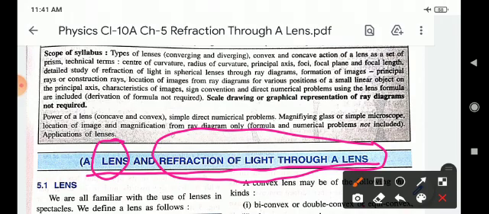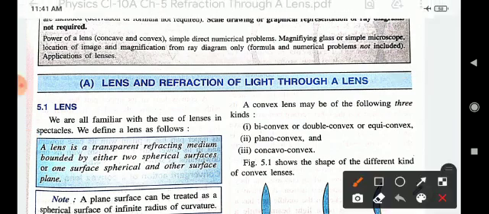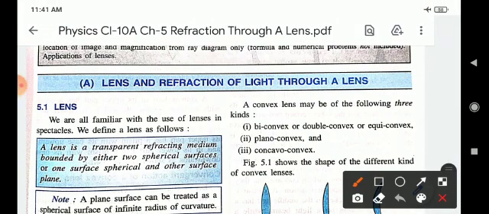Okay, children? Now I will discuss lens. Children, a lens is a transparent refracting medium bounded by either two spherical surfaces or one surface spherical and another surface plane.